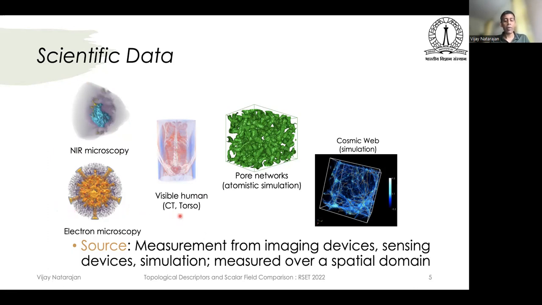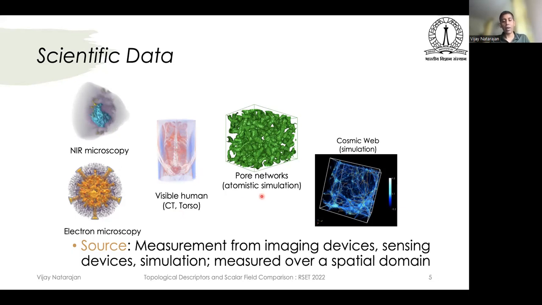Data that comes from computed tomography, CT scans, that helps us understand the human anatomy and helps doctors or surgeons understand places where there are issues or fractures or any deformities that need to be fixed.